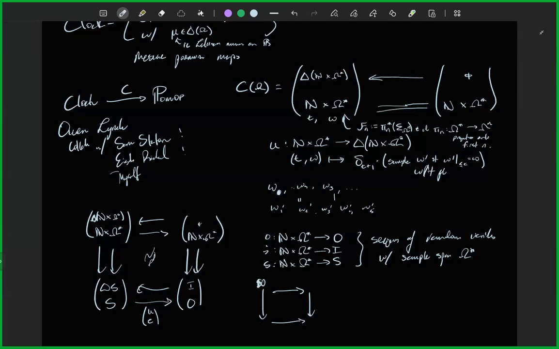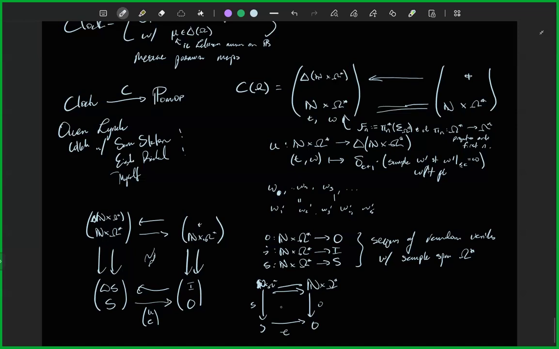So we have n times omega star, and here we have O, and here we have S, and here we have O, and here we have S, and here we have O, and that one's E. And what you want is that this commutes in law, i.e. the push forward, E after S lower star of mu star, is equal to O lower star of mu upper star in delta O. The push forwards of these two maps are equal in law.